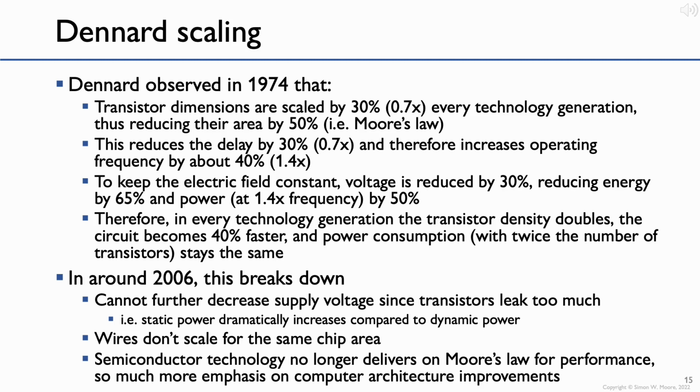Also, the wires don't scale for the same chip area, and so the silicon technology no longer delivers on Moore's law for performance. So there's much more emphasis on computer architecture improvements to try and improve performance, because there's sort of a hunger in the industry to produce ever faster machines.